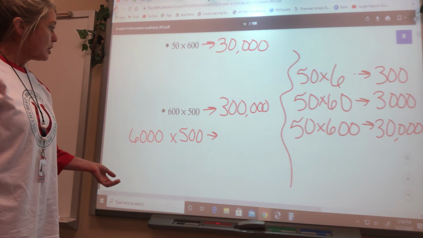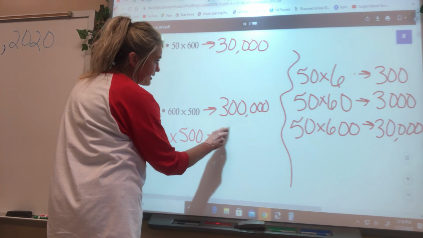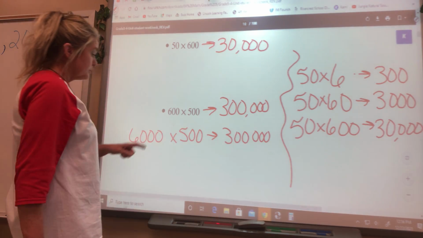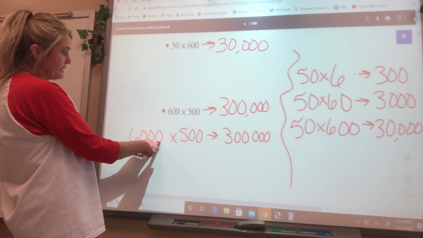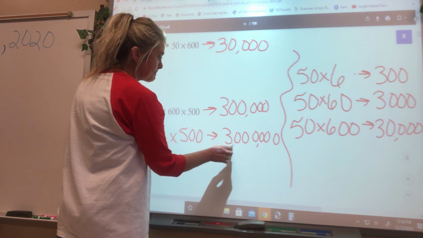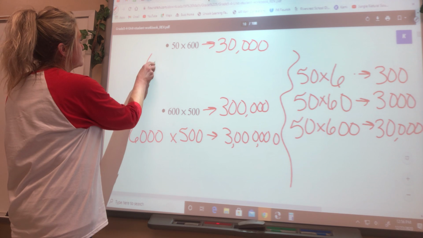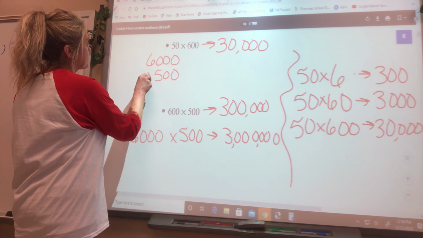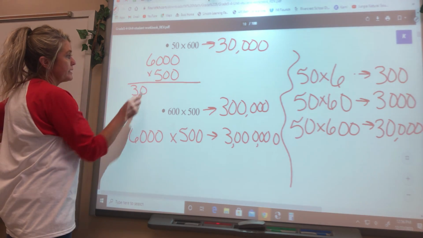Yeah. So if logic serves me right, then I would have this number plus one more 0 because they added a power of 10 here. So I would add a power of 10 here. And again, it never hurts to check yourself. 6,000 times 500. 5 times 6 is 30.